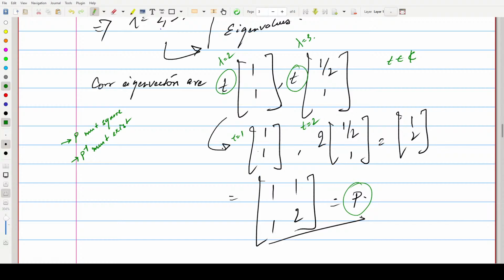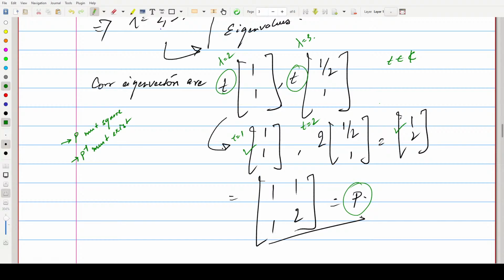So we get two vectors, (1, 1) and (1, 2). These are our column vectors, and once we have them, we put them together in a matrix, and this is our P.